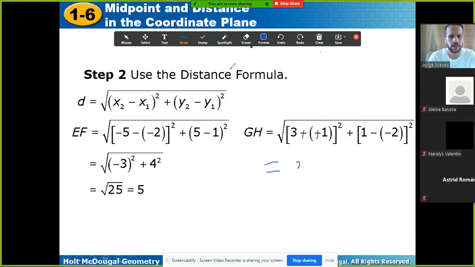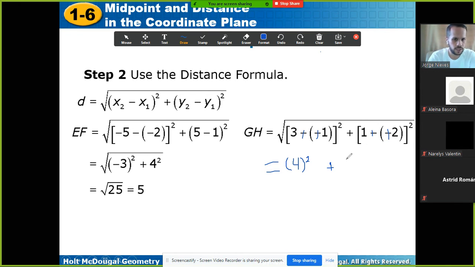It's going to give us 4, sorry, because when we change the subtraction to addition, it's going to be positive. So it's going to be 4 again, 4 to the power of 2. And in this part, we're going to change that to addition.